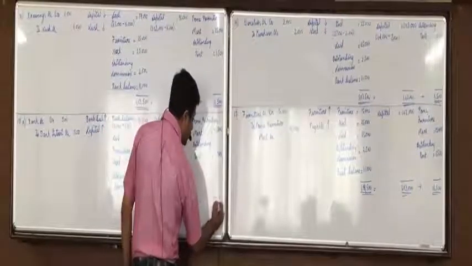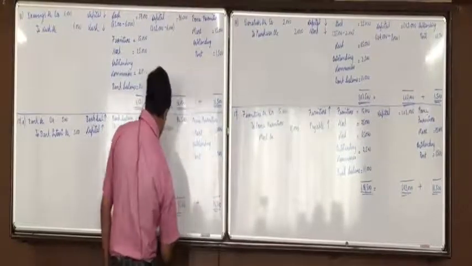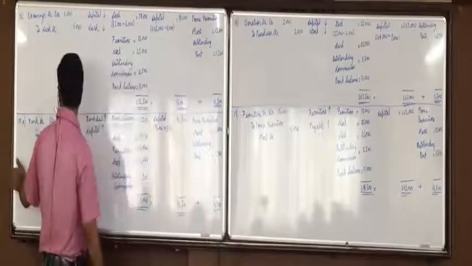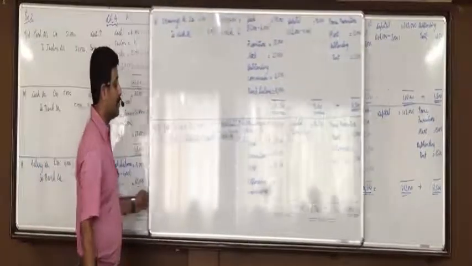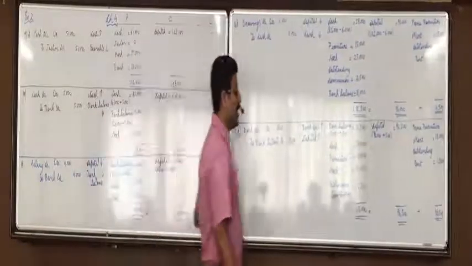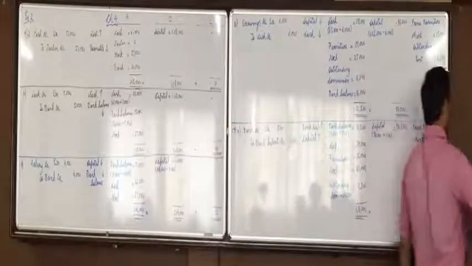If you add it, do you get 1,13,000 or not? 1,13,000 will be equal to 96,500 plus 16,500.